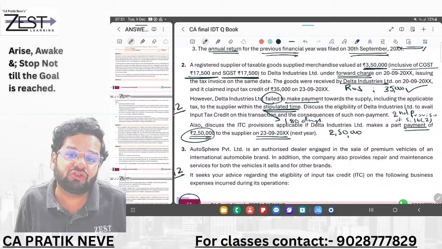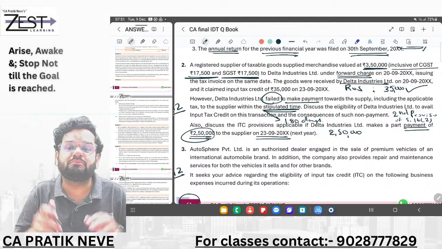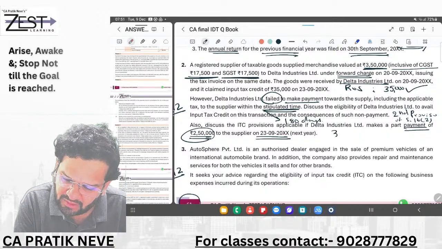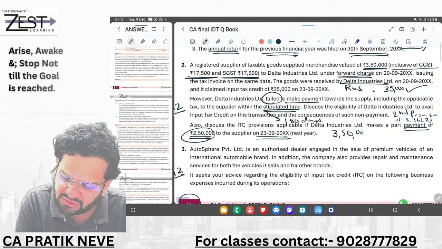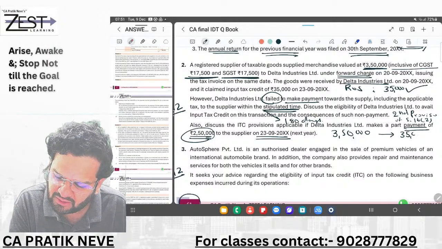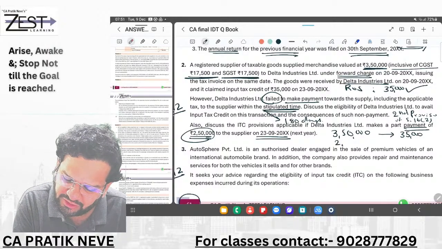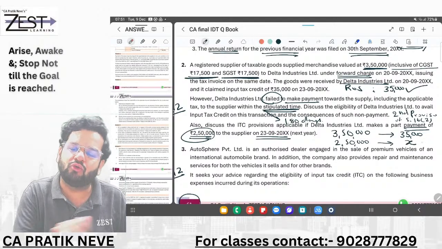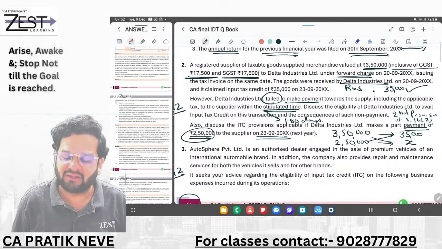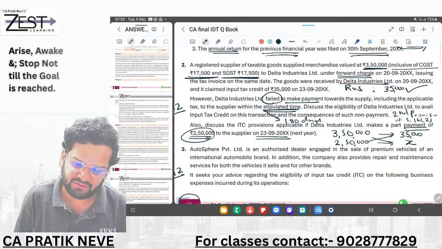So ITC also can be availed only on a proportionate basis. See, it's like this. If the entire 350 was paid, then it could have availed ITC of 35,000, but paid is only 2,50,000. So ITC will be availed of how much?